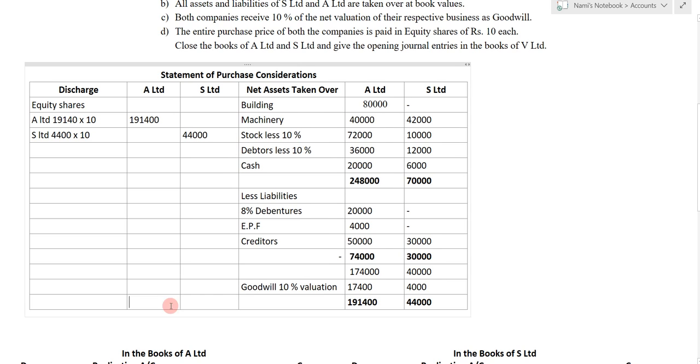Okay, so you can see the values are tallying. S Limited and A Limited, both the discharge and net assets taken over tally on both sides. Now how did I get this 4,400? I divided 44,000 by 10 to get the number of equity shares, and multiplied to get the share capital. Now the statement of purchase consideration is done.